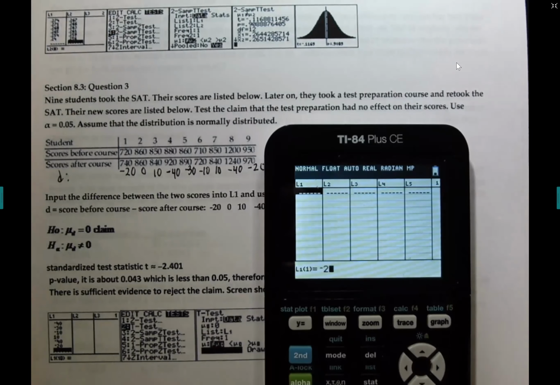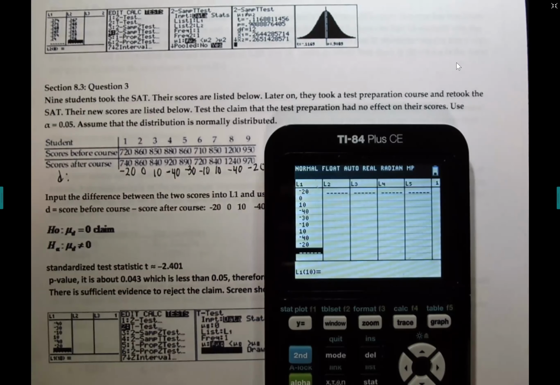Negative 20, 0, 10, negative 40, negative 30, negative 10. So maybe the test did make a difference, and we're not going to be able to support what we're trying to prove here. Negative 40, negative 20. So maybe we will reject the claim.